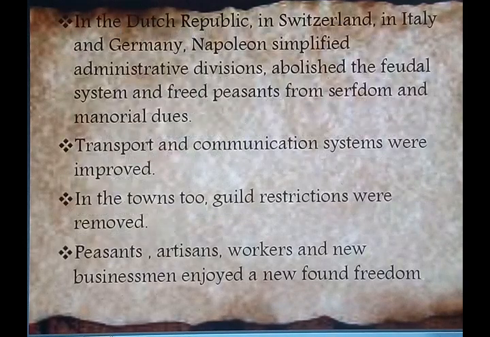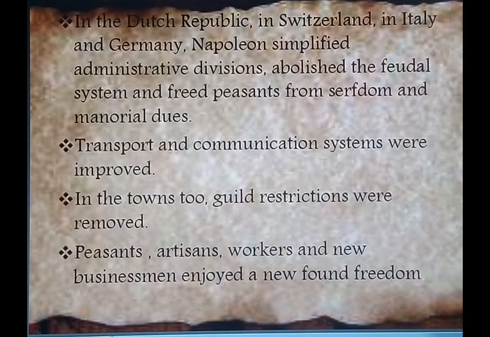So, in the Dutch Republic, or in Switzerland, or in Italy and Germany, Napoleon simplified administrative divisions, then abolished the feudal system and freed peasants from serfdom and manorial dues. This is a very important point for this topic. Napoleon simplified administrative division.